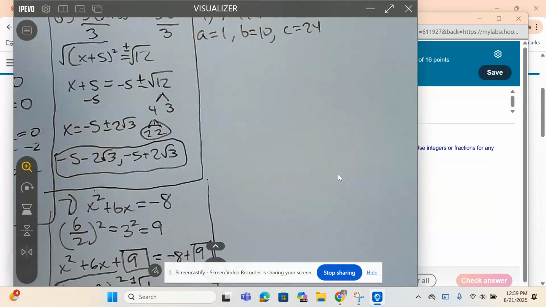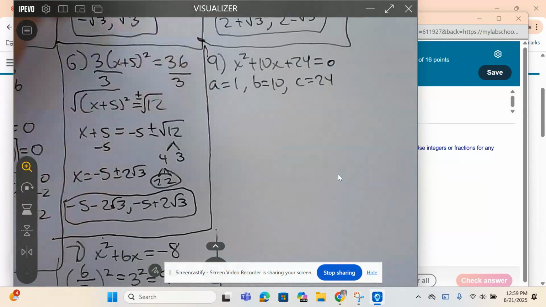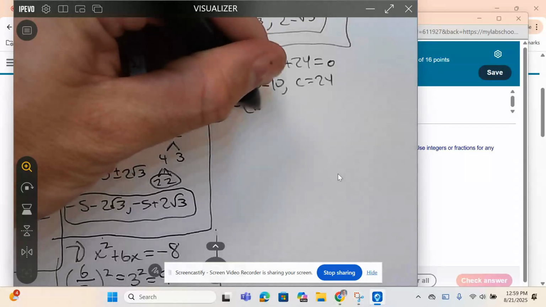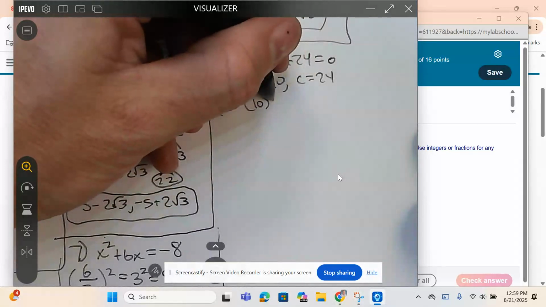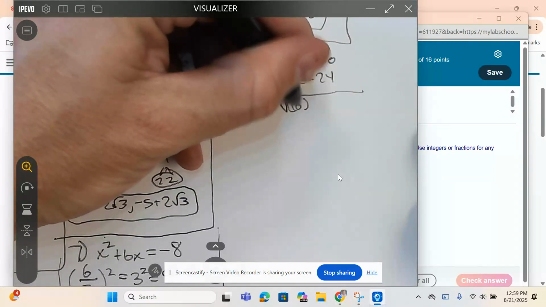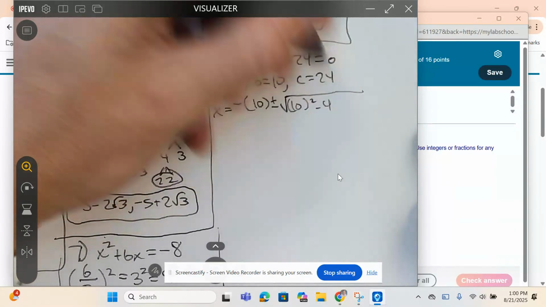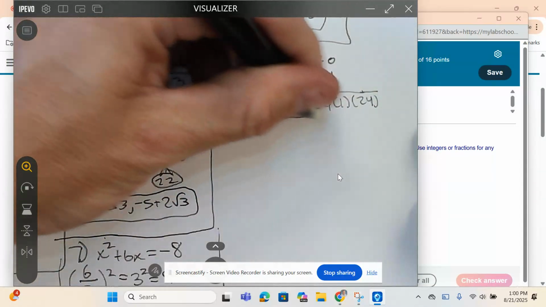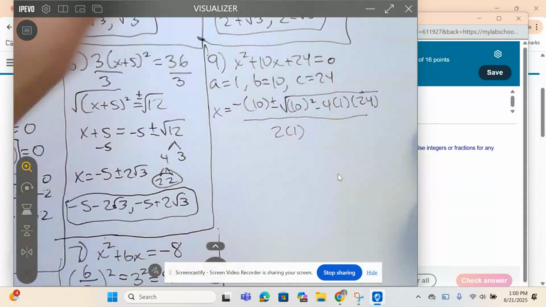C is the constant. All right. And then you're going to do the formula. X equals negative b plus or minus the square root of b squared minus 4ac all over 2a.